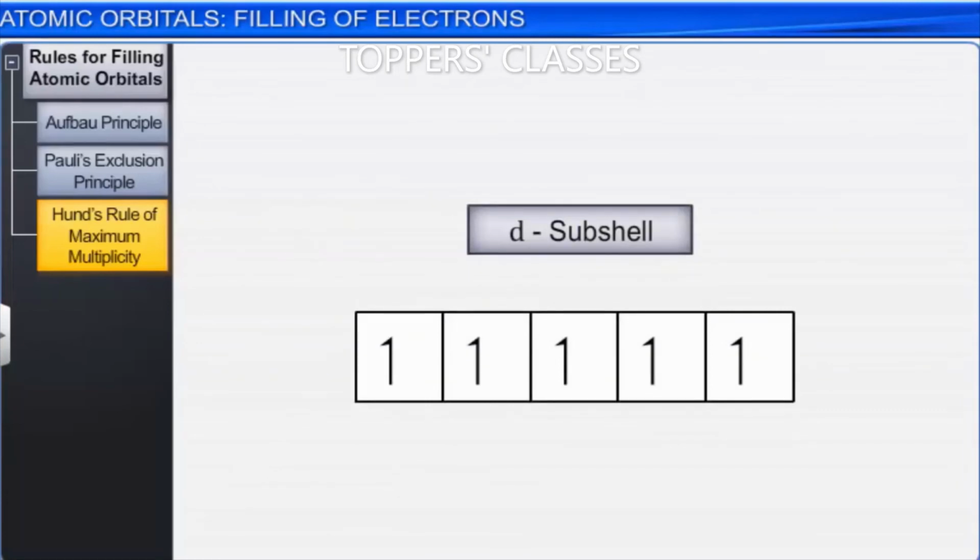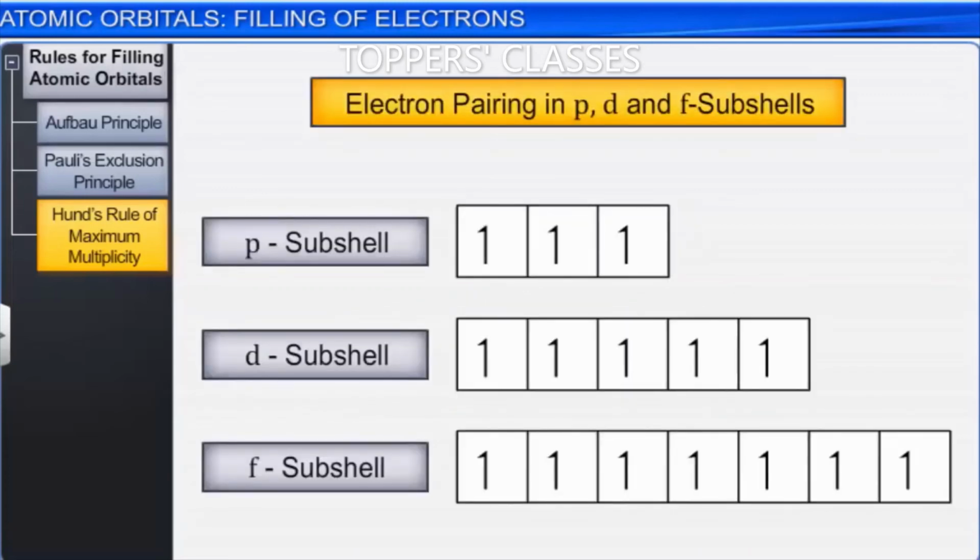It can also be stated as the pairing of electrons in the orbitals belonging to the same subshell doesn't take place until each orbital belonging to the same subshell gets 1 electron each. Therefore, electron pairing in p, d or f subshells cannot take place until each orbital of a given subshell contains 1 electron each.